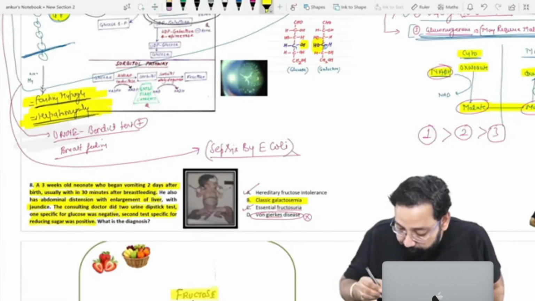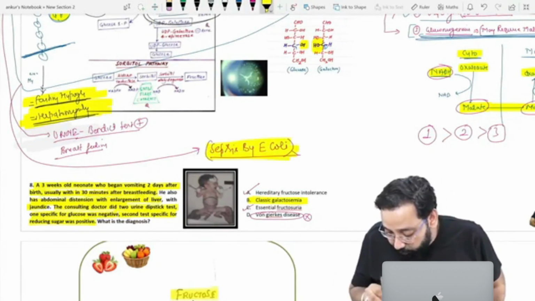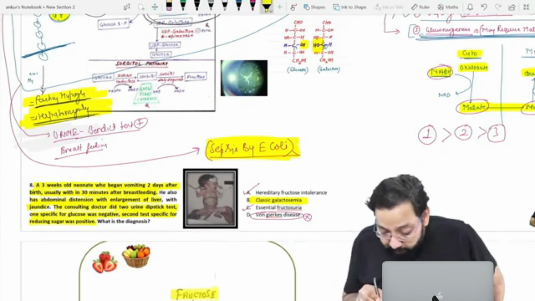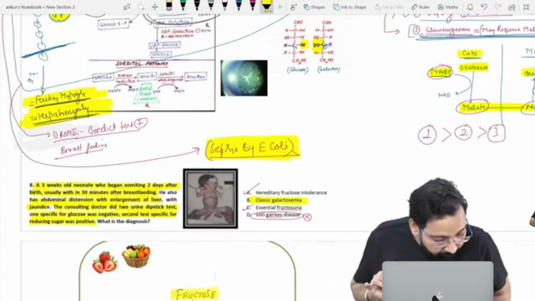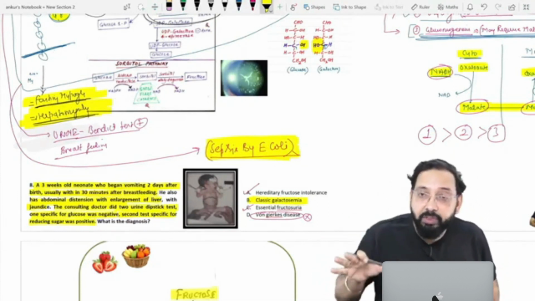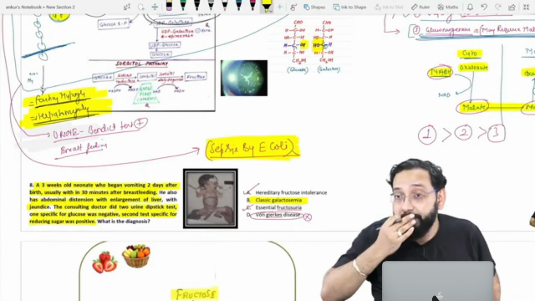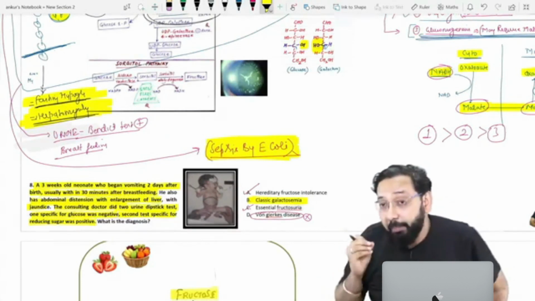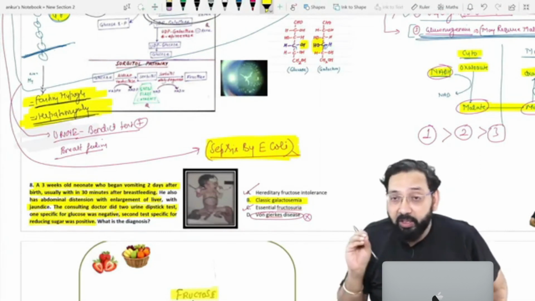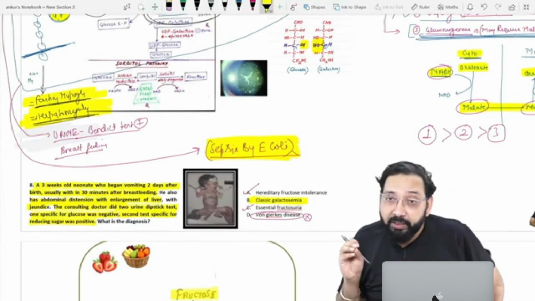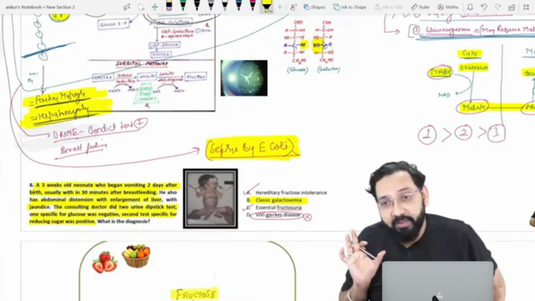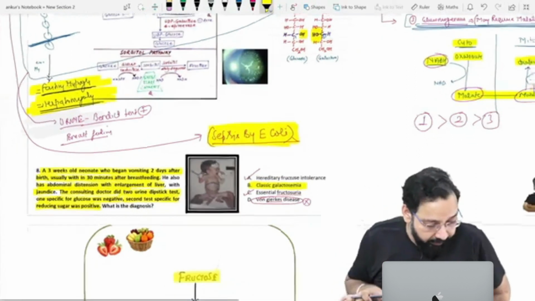In galactosemia, sepsis may occur by which organism? E. coli. This is a frequently asked question. They give the clinical scenario of galactosemia and ask which bacteria will cause septicemia or sepsis. The answer is E. coli. Galactosemia patients are exposed to septicemia by E. coli.